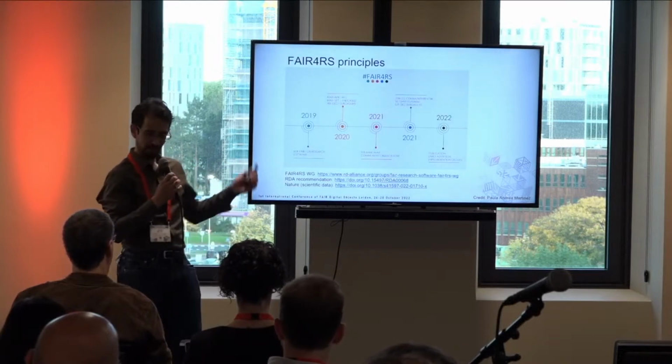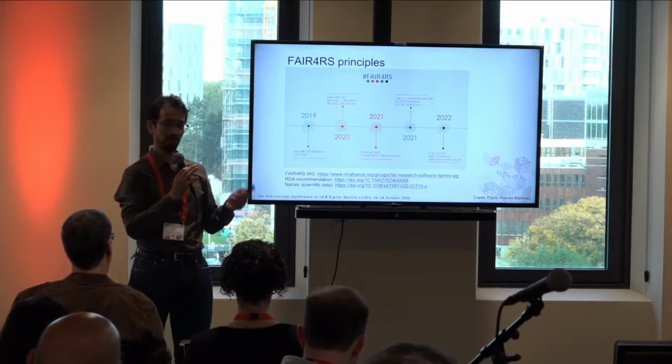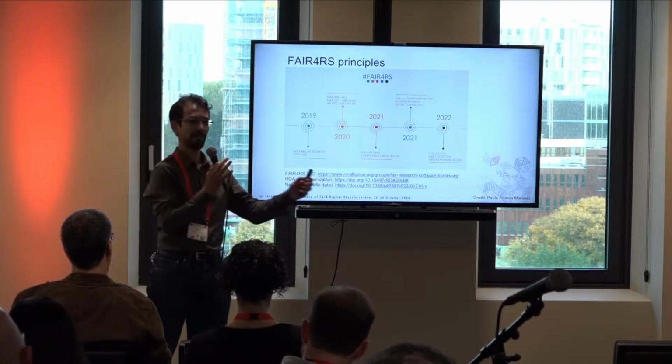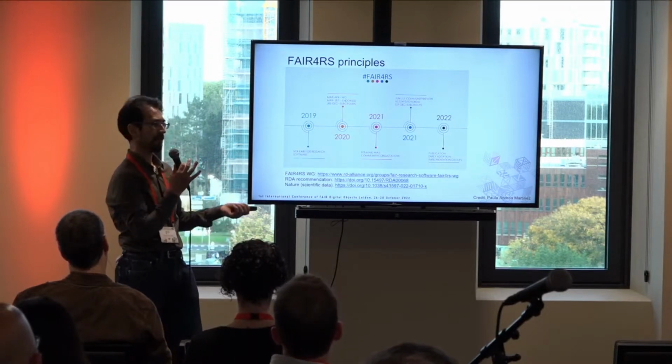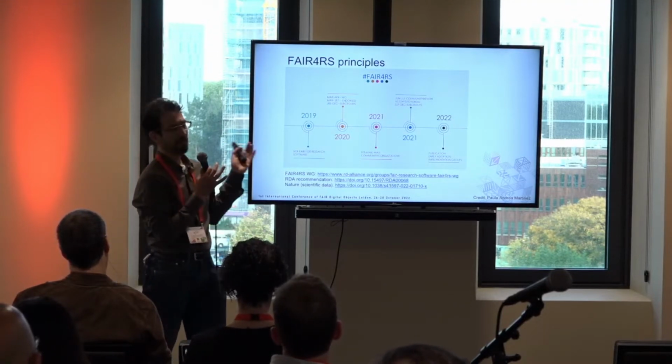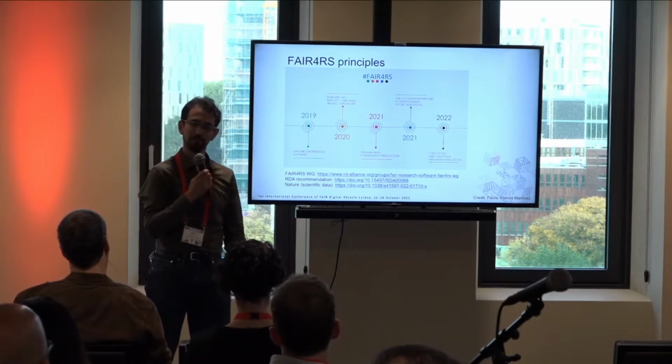The FAIR for Research Software Working Group was a joint working group between RDA, FORCE11, and Research Software Alliance, and we started working in 2019. We've been working for a couple of years on developing these FAIR for Research Software principles.